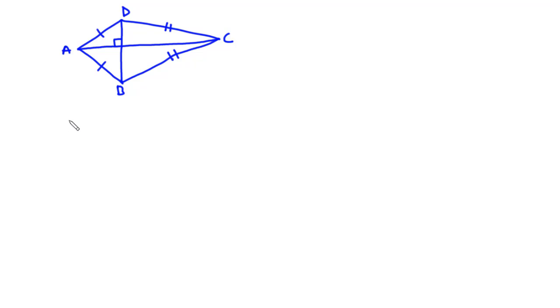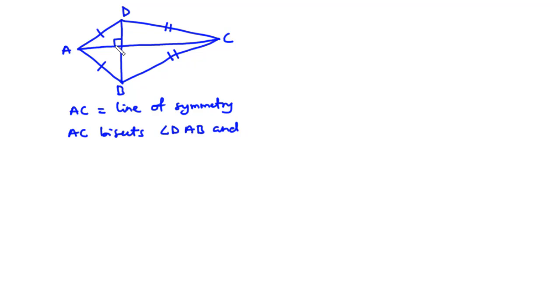So in summary, we say that for a kite, AC is the line of symmetry. And then AC bisects the angles DAB and DCB.